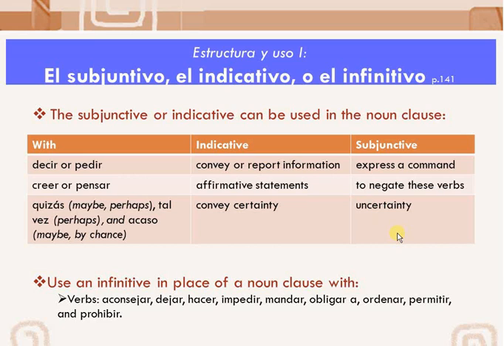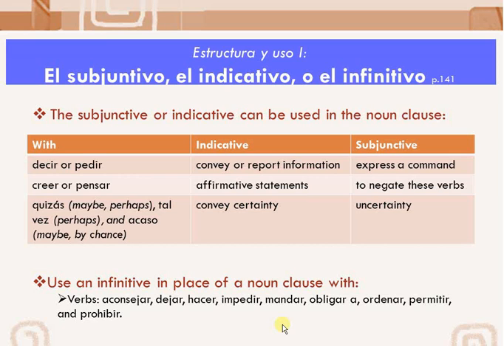But when they convey uncertainty, you need to use the subjunctive. With some verbs like aconsejar, dejar, hacer, impedir, mandar, obligar a, ordenar, permitir, and prohibir, you need to use an infinitive in place of a noun clause.